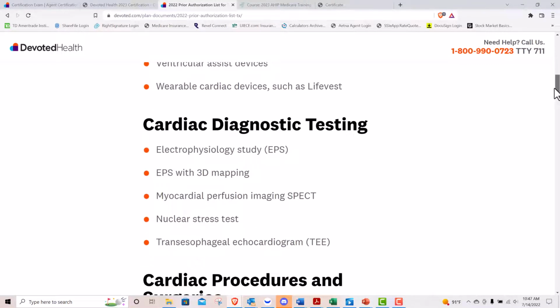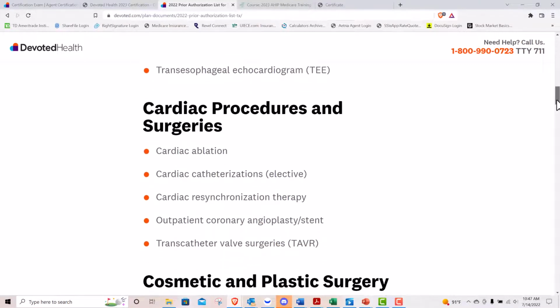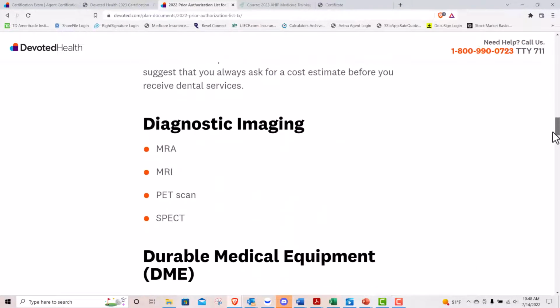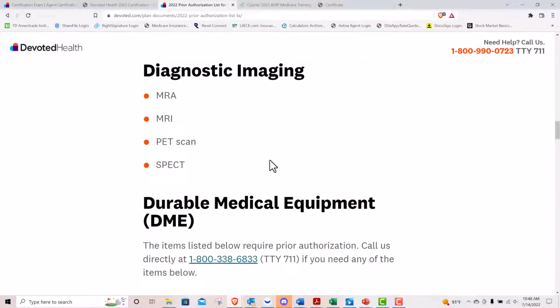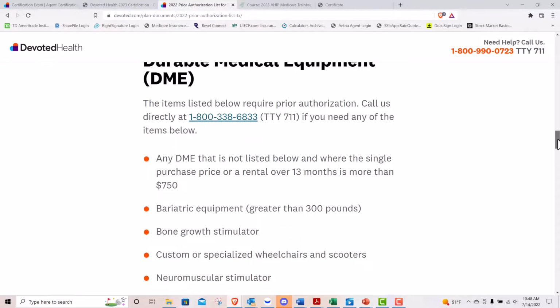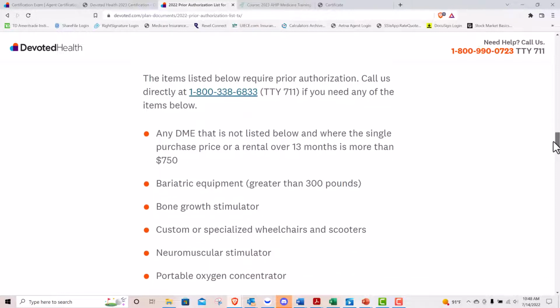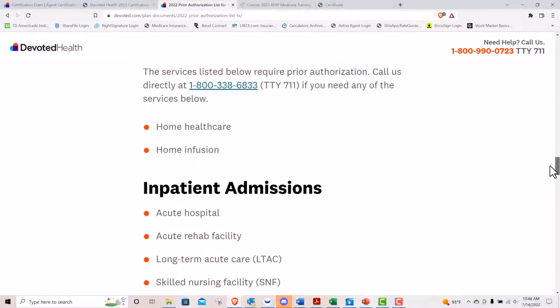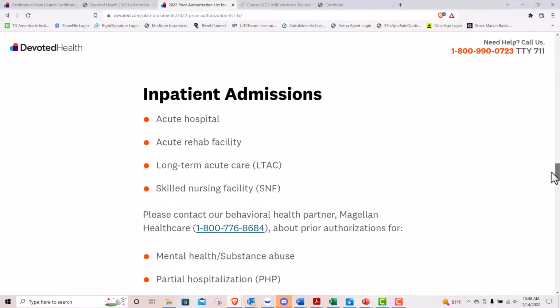So if your member had a particular question, MRI, PET scan, right? You're going to need a PA for that. All durable medical equipment, that's a rental over 13 months and more than $750. All these things require a PA. So even acute hospital.